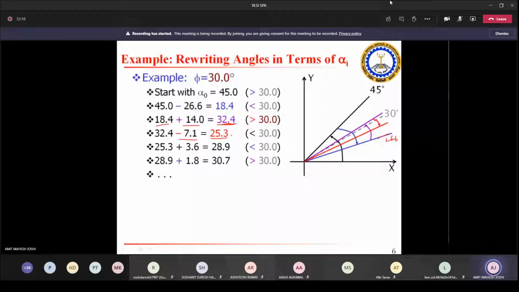So 3.6 gives 28.9. 28.9 is lesser than 30, so that means I need to do addition. So here two subsequent additions will be there, so that I will get 30.7. Now this 30.7 is nearer to 30. But still, if you want to improve, then ultimately the next angle you need to subtract. What is your next angle?